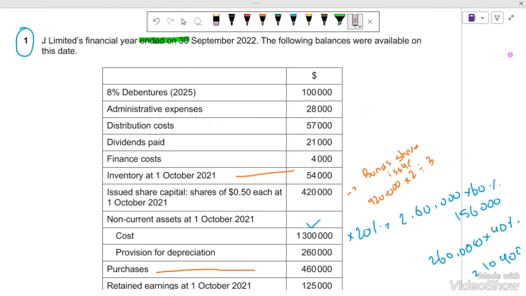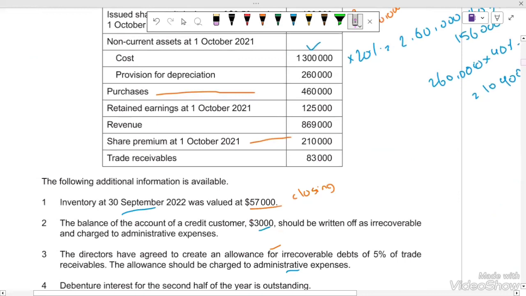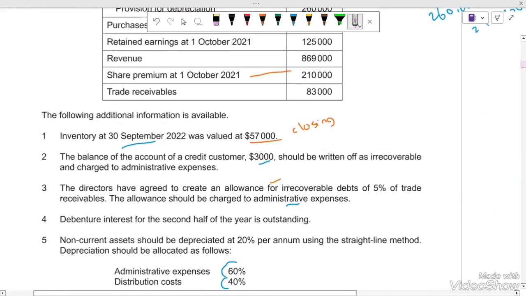But we have some adjustments, and we have to adjust those amounts into the administration expenses and distribution cost.